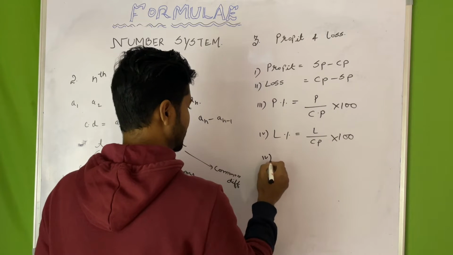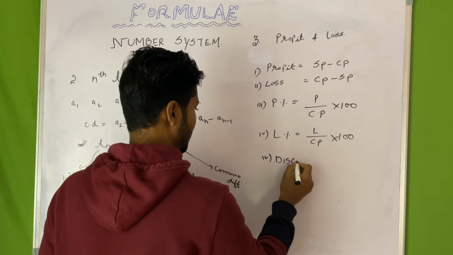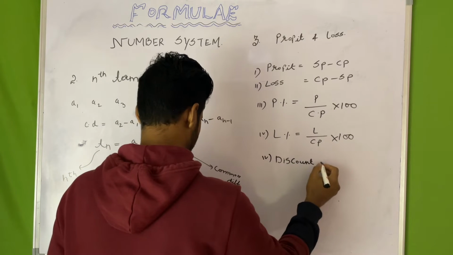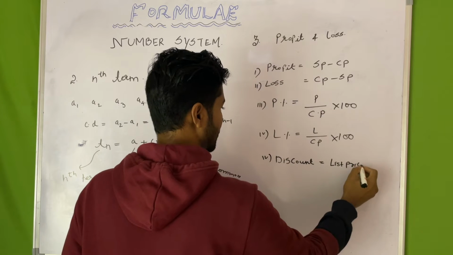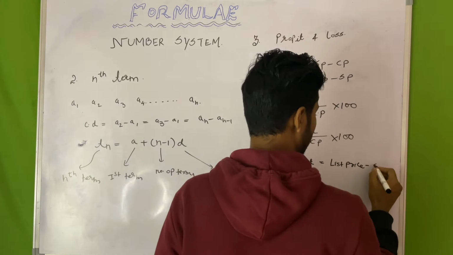Then discount equals list price minus selling price.